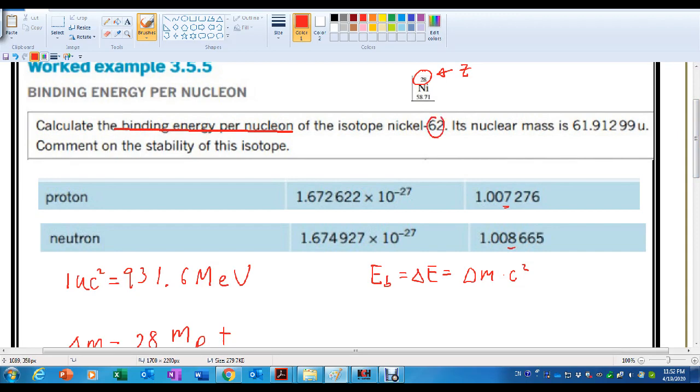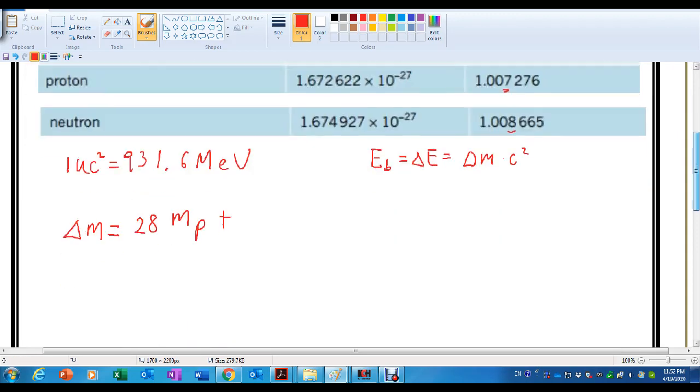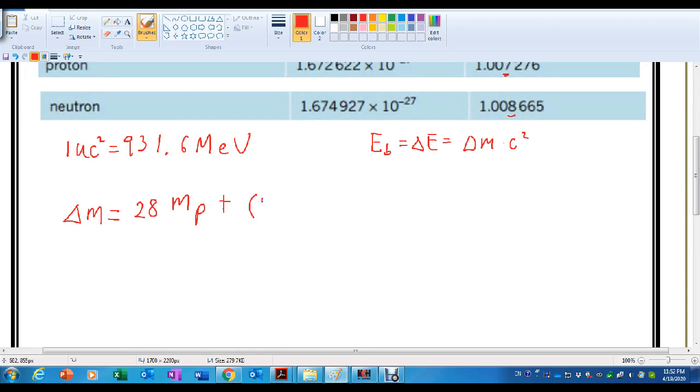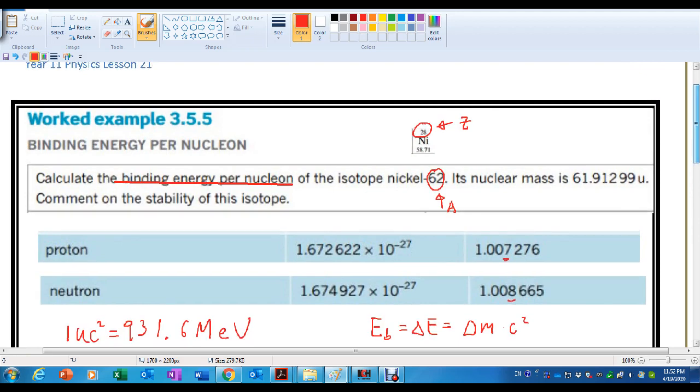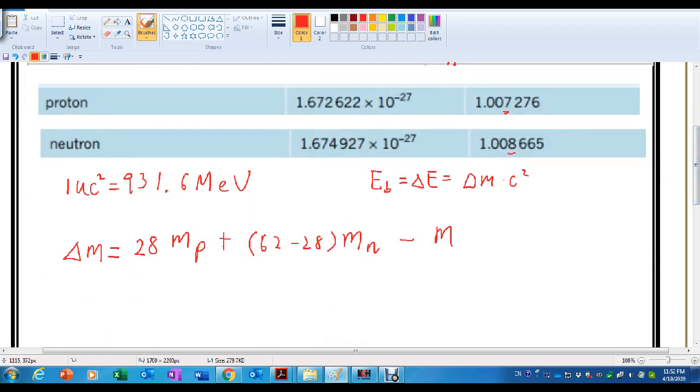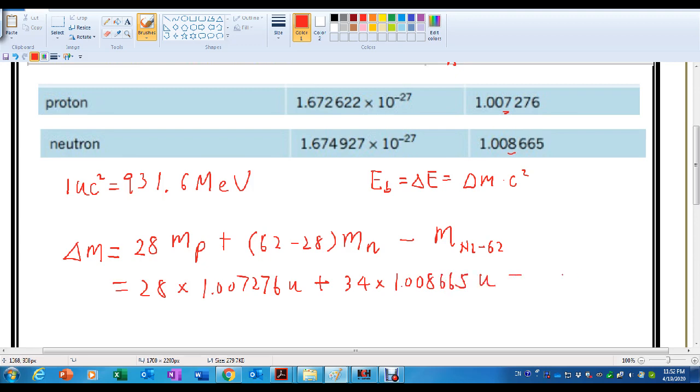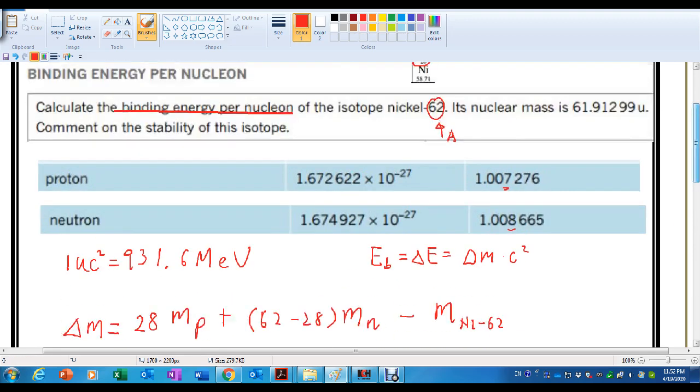You have 62, that's A, the mass number, so you have 62 minus 28 times the mass of neutron, and then you take away the mass of the nickel, which is given. Alright, let me substitute all the numbers: mass of proton, mass of neutron, minus mass of nickel.